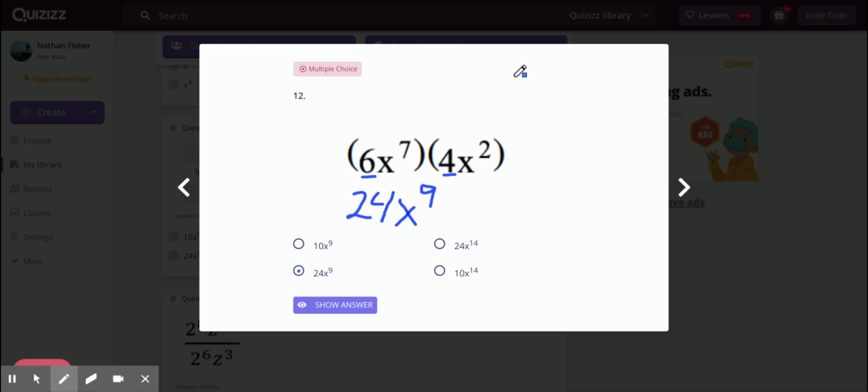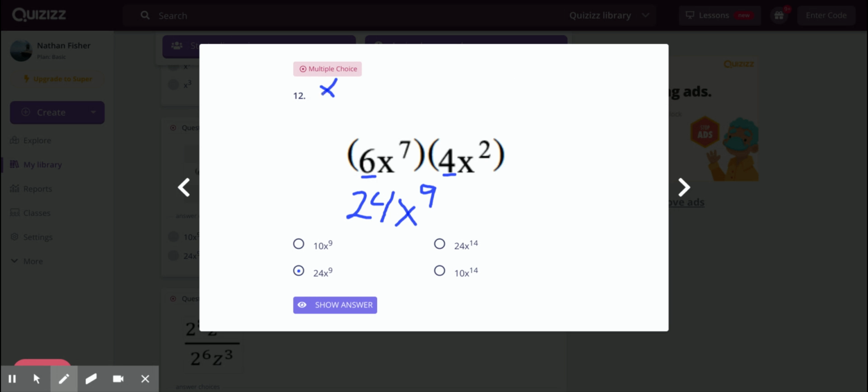I won't actually click anything right now, but to explain that addition, we need to think about what the 7th power and what the 2nd power actually mean. So we'll go through this once. x to the 7th power really means the base times itself 7 times.